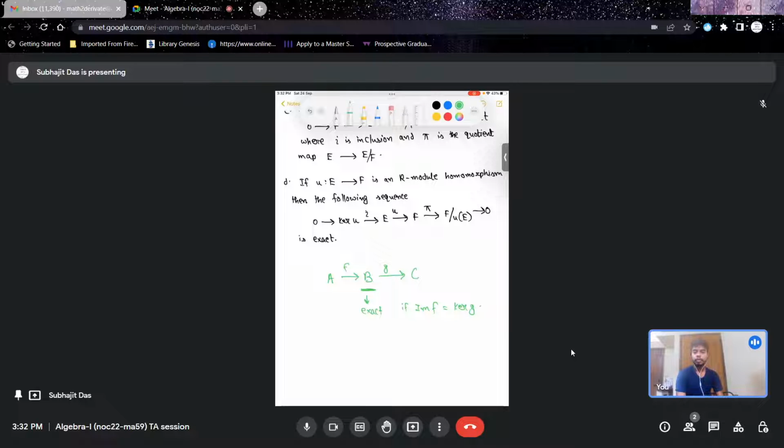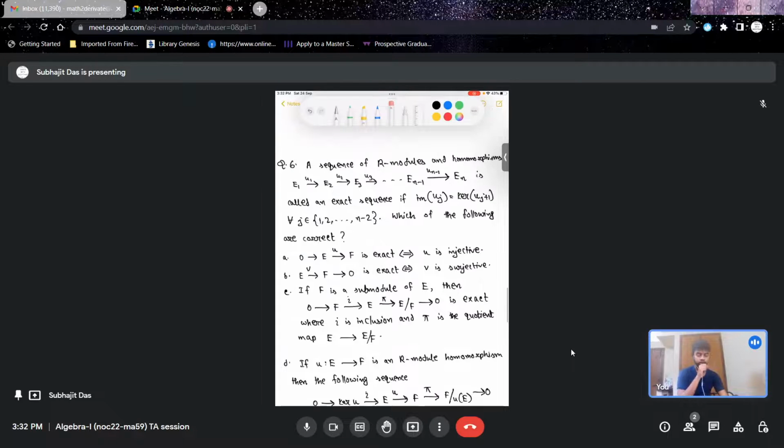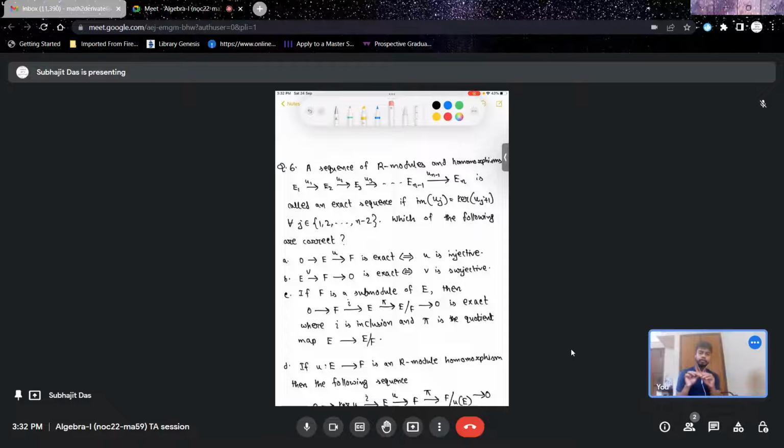Image of f is a submodule of B, kernel of g is also a submodule of B, and they have to be equal. The definition given here is basically concatenating these small sequences to get a large sequence. So we need to figure out which of the following statements are correct.